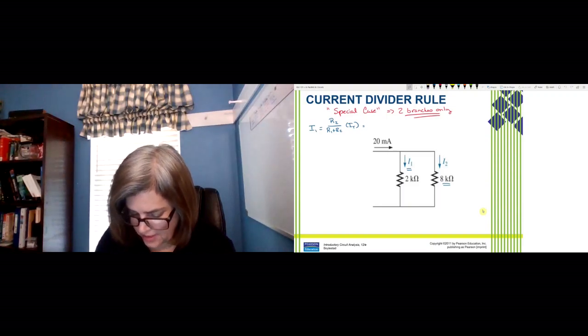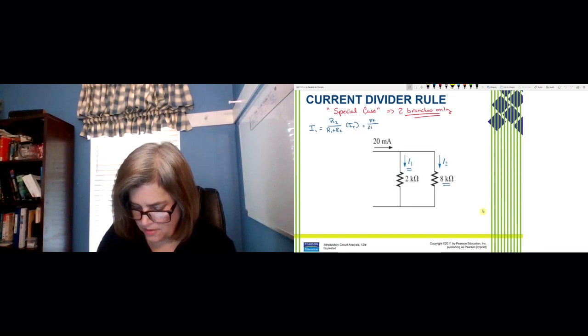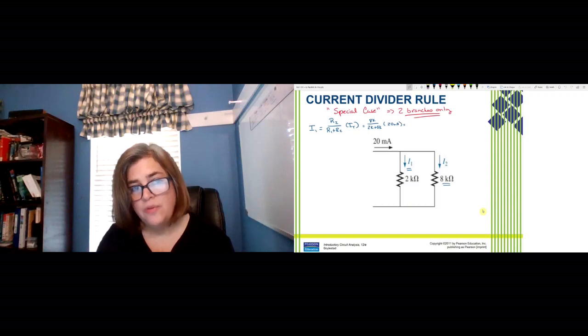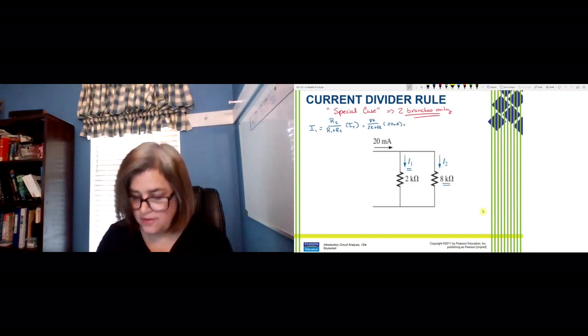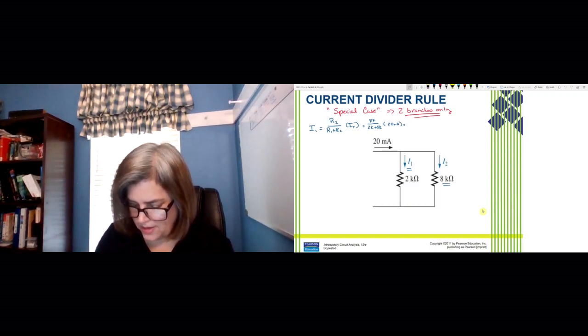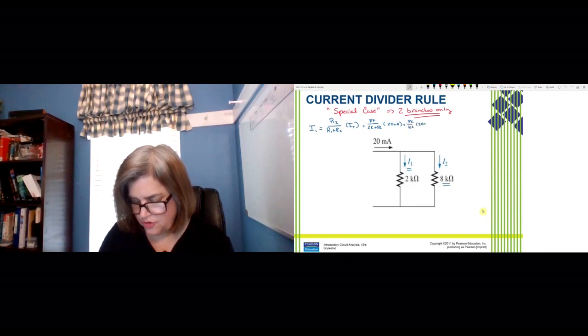So that would be 8K over 2K plus 8K times our 20 milliamps. So basically what we find is that 80% of that current, or 8K over 10K, should be coming through the 2K ohm resistor, or about 16 milliamps.